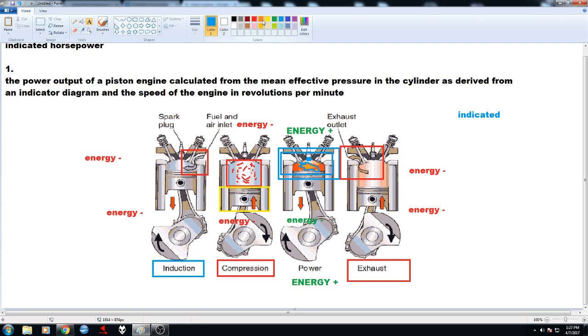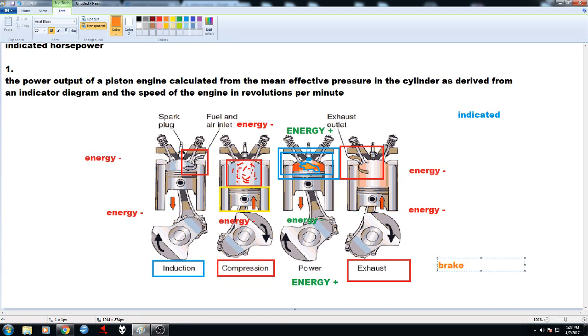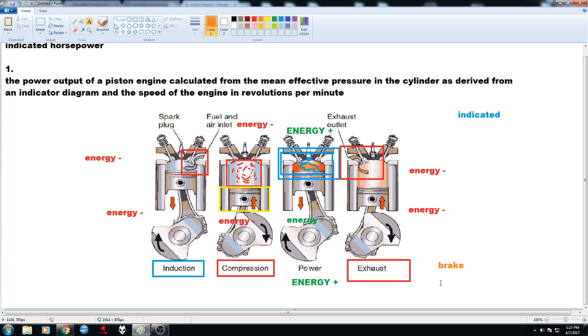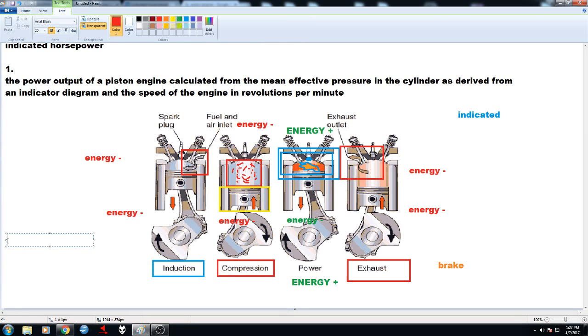Now let's talk about brake horsepower. Brake horsepower is the horsepower that is left to drive the car after all this stuff is lost, after we spend energy on pumping the gases, after we spend energy on moving the pistons. And let me talk about the biggest energy thief, so to say, and that would be friction and heat.